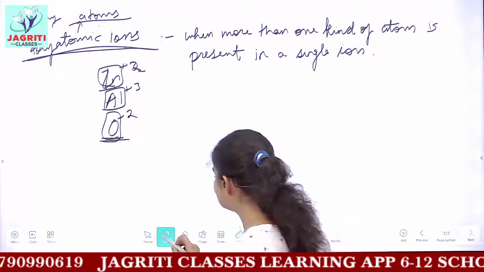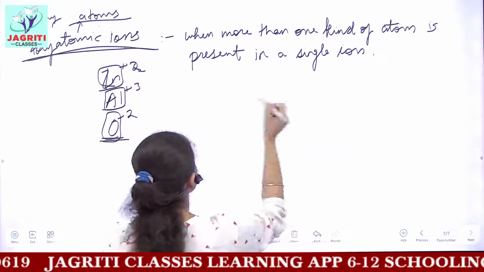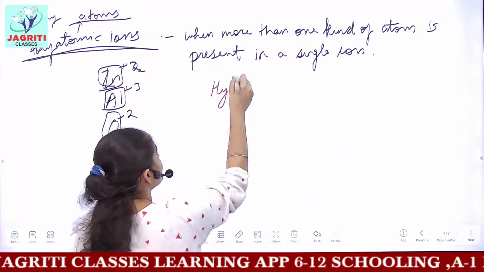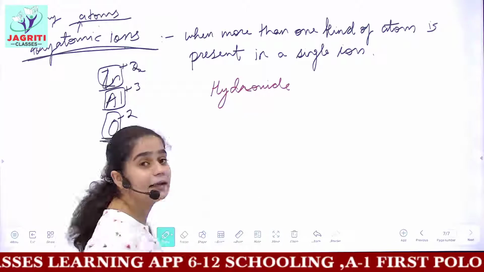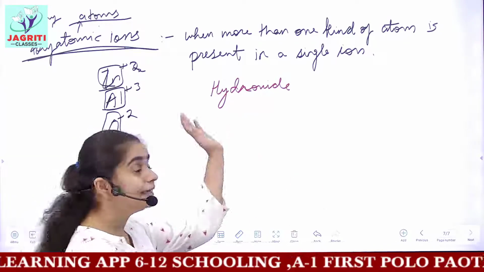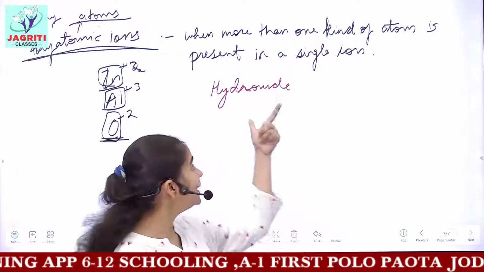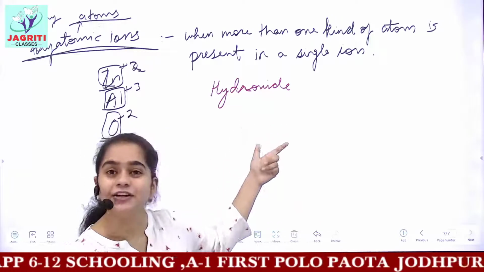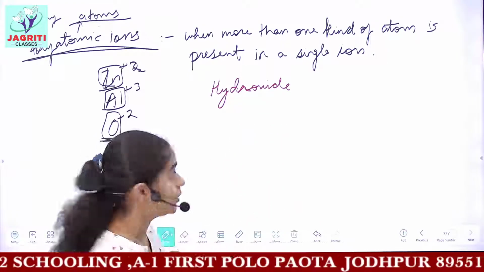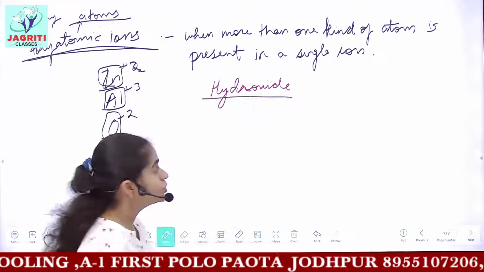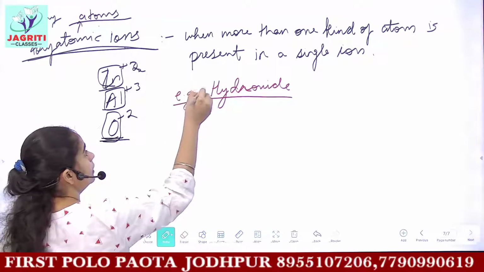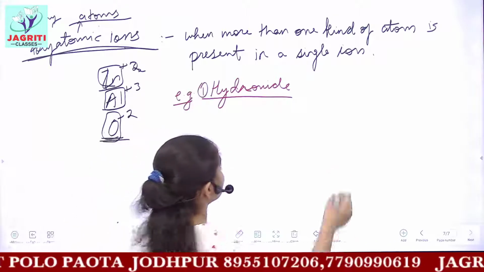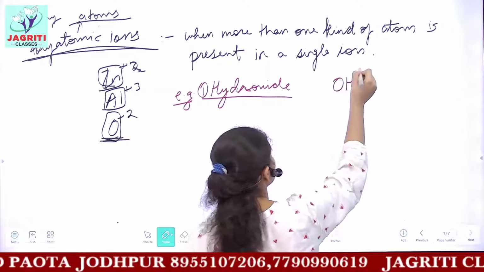So what we have is an example for polyatomic ions. In the same table given in your books, that is in table 3.6, in the last column polyatomic ions are mentioned. So do learn that also with proper care. The first polyatomic ion, the example, is hydroxide. The symbol for hydroxide is OH negative.